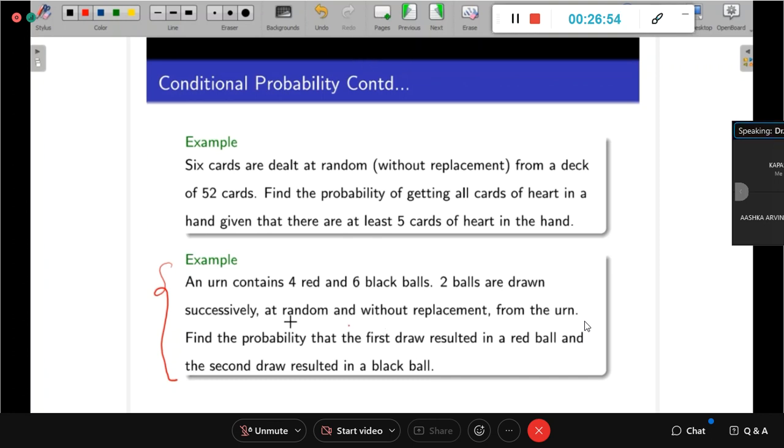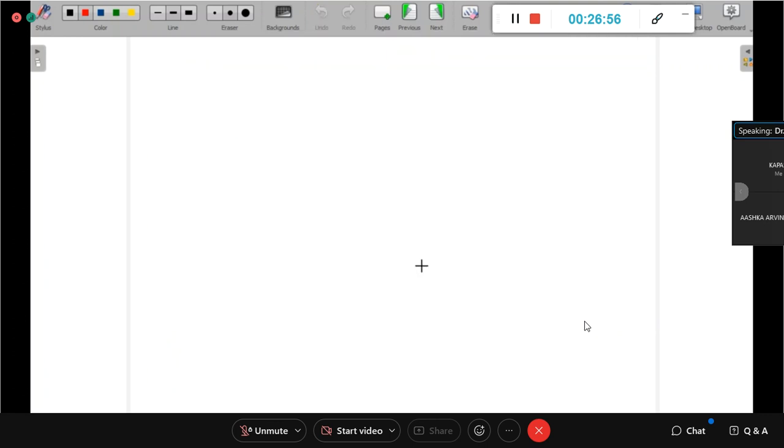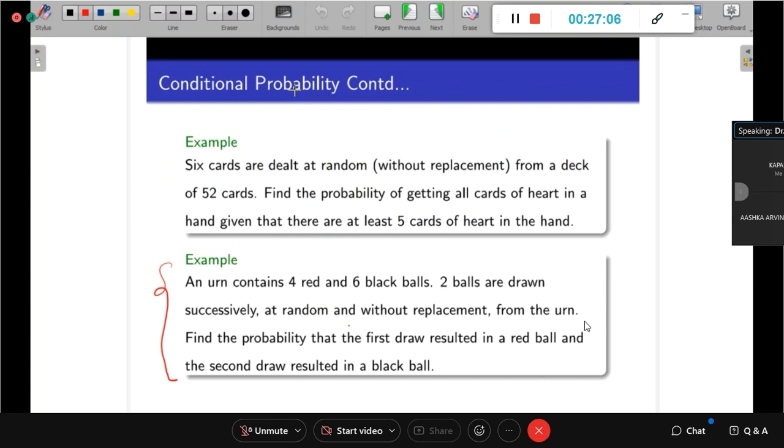If I try to understand this situation, you have an urn which contains 4 red plus 6 black balls. 2 balls are drawn successively at random and without replacement from the urn.